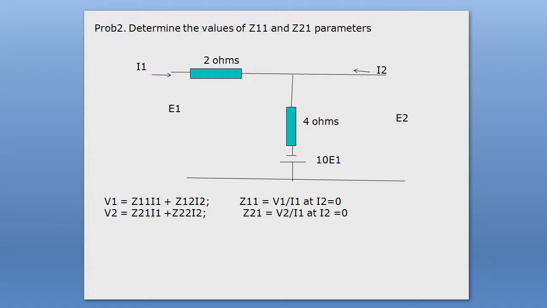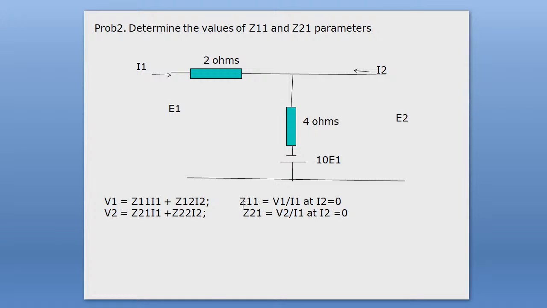Anyone tell me the value of Z11 and Z21. Now you see Z11 is V1 by I1. For this case V1 equal to E1 and V2 equal to E2. So first you consider the left hand side loop to calculate the value of Z11 because it is associated with V1.